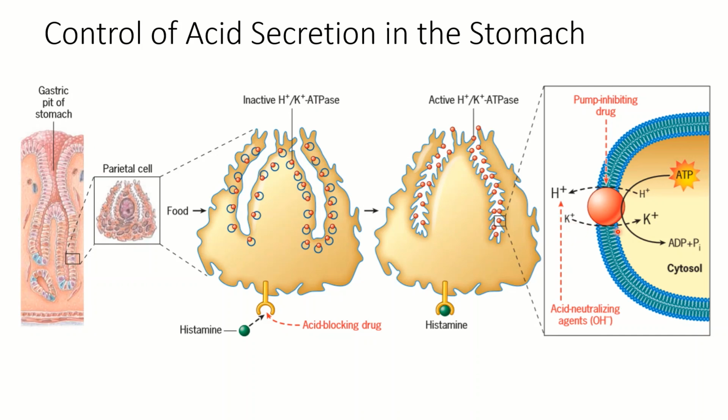So potassium moves inwards, while the hydrogen ion moves outwards into the stomach, thus increasing the hydrogen ion concentration of the stomach and causing it to be acidic. So this is done by the parietal cells in the stomach.